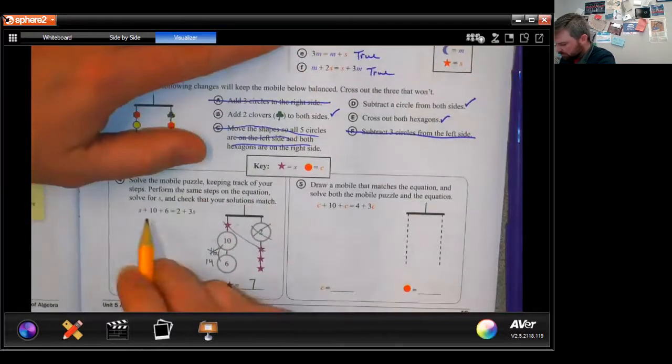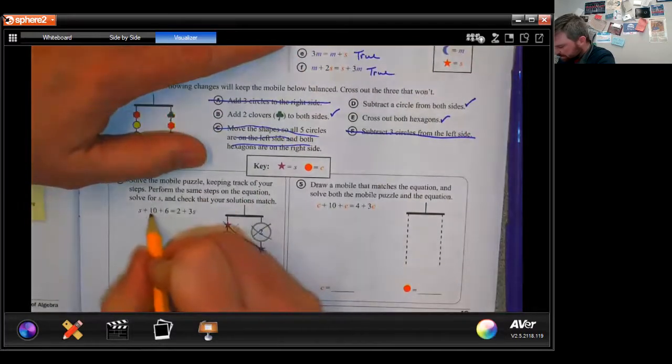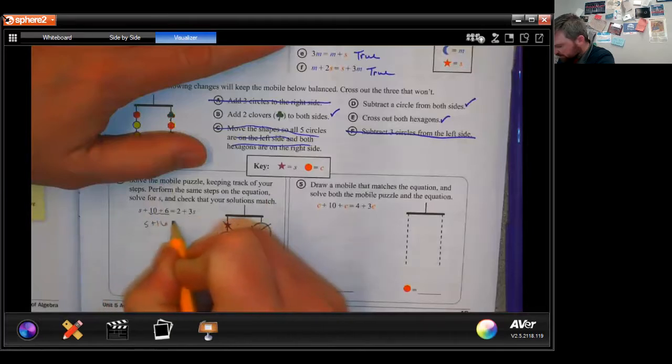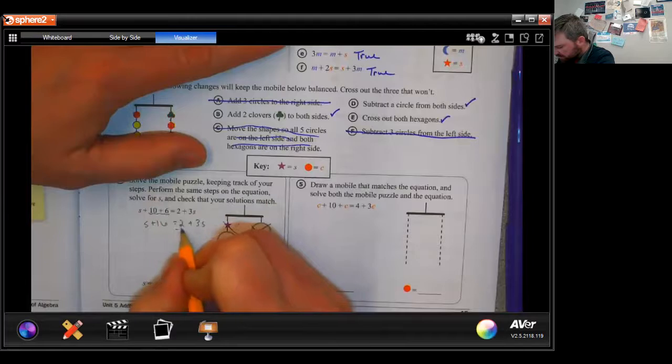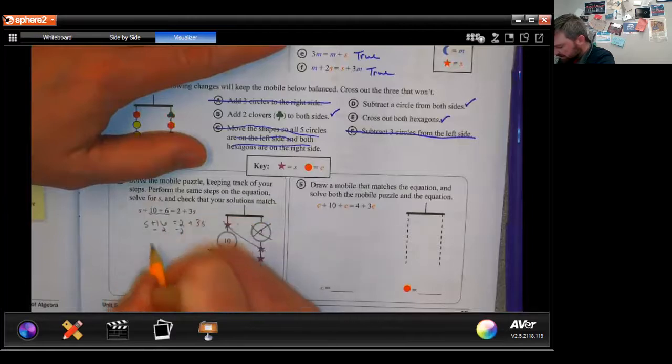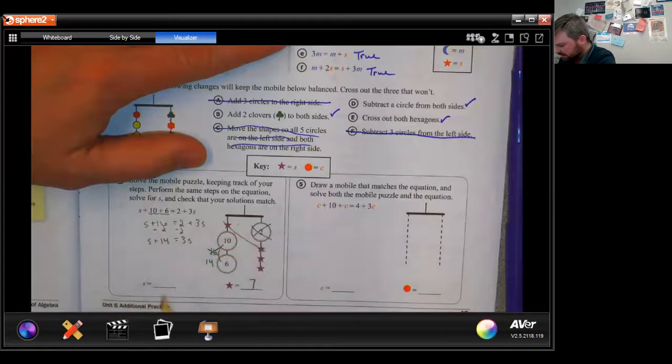Now, if I come over here and solve this, if I combine these two, I have S plus 16 equals 2 plus 3S. If I subtract 2 from both sides, I get S plus 14 equals 3S. If I subtract an S from both sides, I get 14 equals 2S, and then divide by 2. 14 divided by 2 is 7, so S is 7.